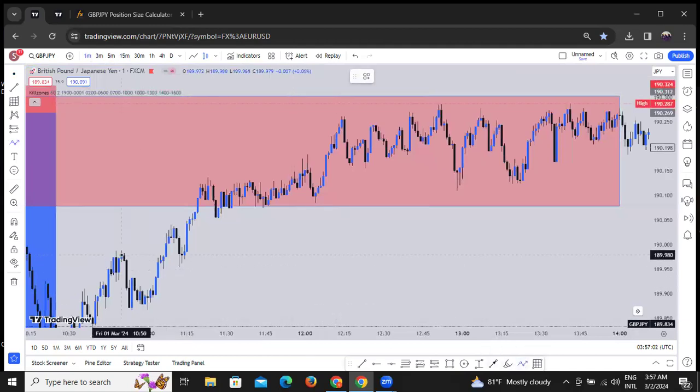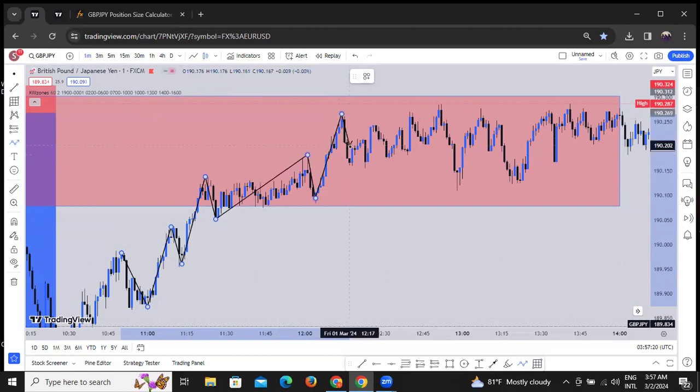Okay, so right here I have this zone. Higher high, higher low, higher high, higher low, higher high, higher low, higher high. Got this higher low right here.